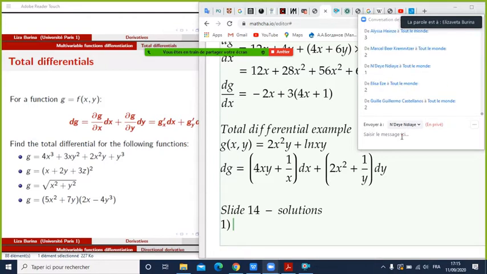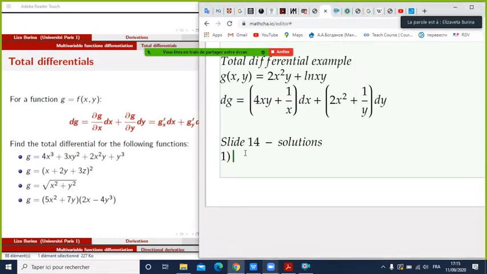Great, so let's check the first 2, and then the rest will go to your homework, and if you did it already, you have less homework.